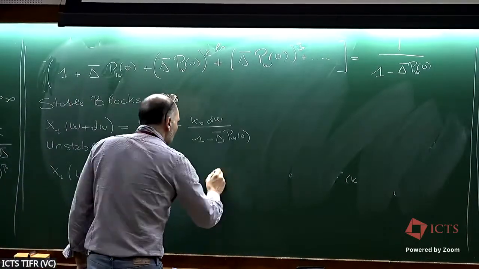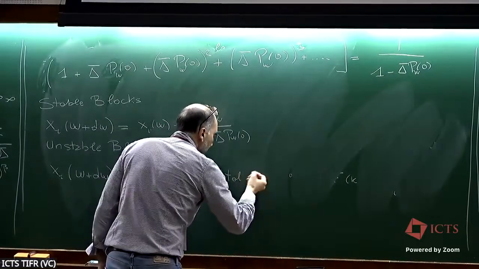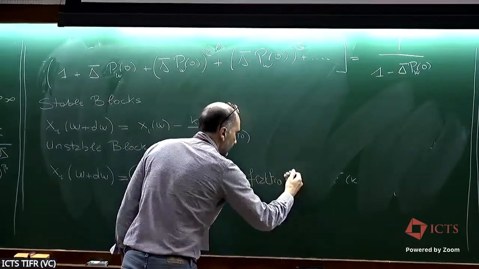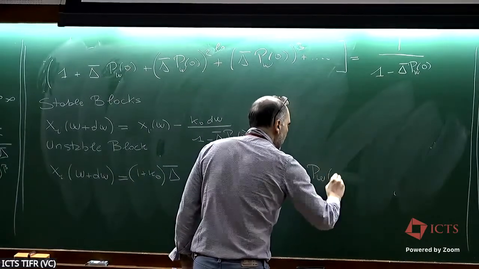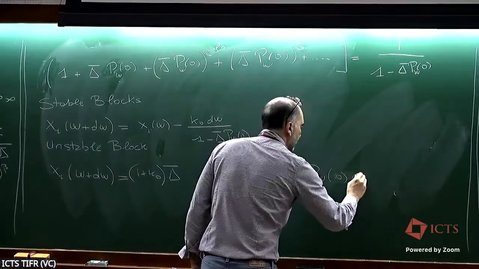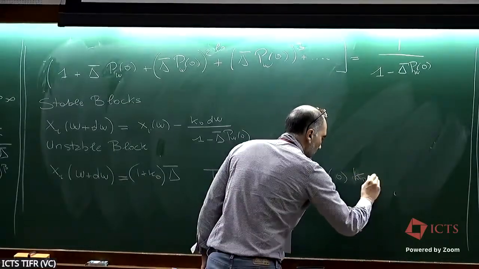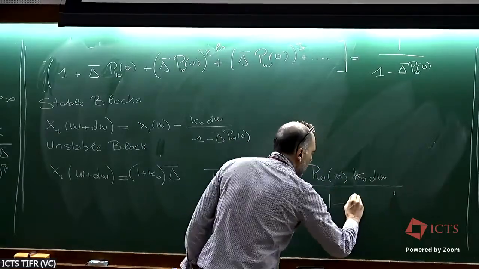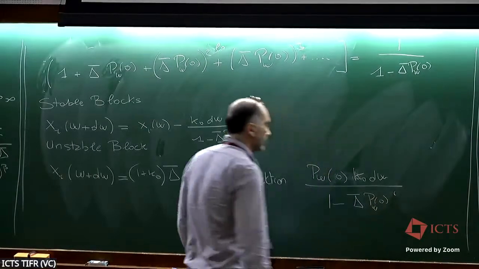And their total fraction is P(W0) K0 dW, and then we have all the contributions, and we charge at this. Okay.